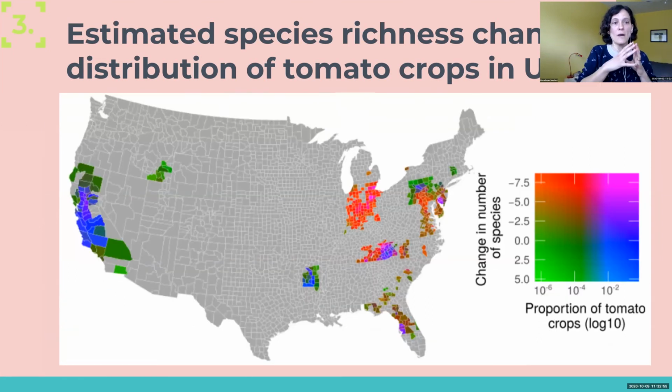But if we combine those 2 maps into one map, now what we are looking at are purple regions that have high tomato crop area, or proportion, I should say. Proportion of crop area is high, but it also corresponds to loss or change in number of species of pollinators. So purple is not a good situation. Red is also relatively bad because it means those areas are projected to lose buzz pollinators that pollinate tomatoes.